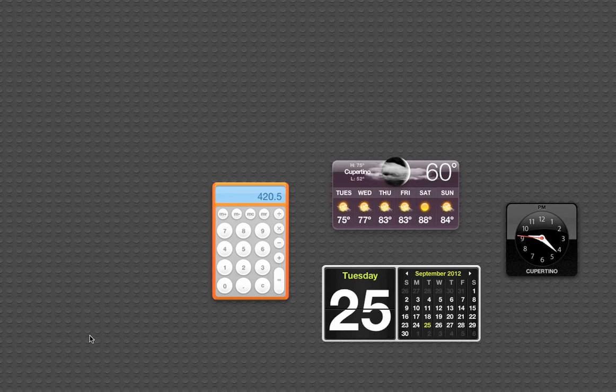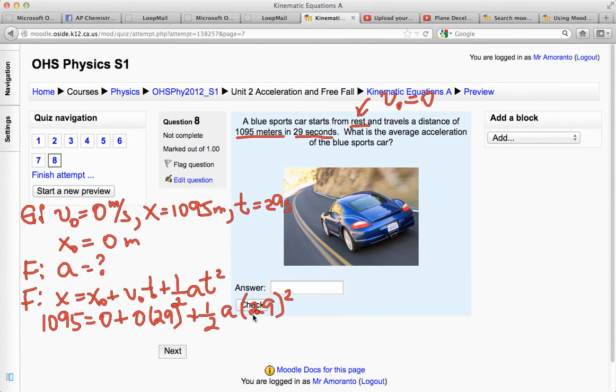So let's go back over here. In this case, it's going to be 420.5. So when I do that, I get 1,095. Everything else disappears, and I get 420.5 times a. To finish this, I need to just divide both sides by 420.5.